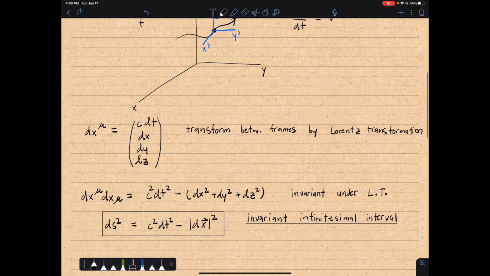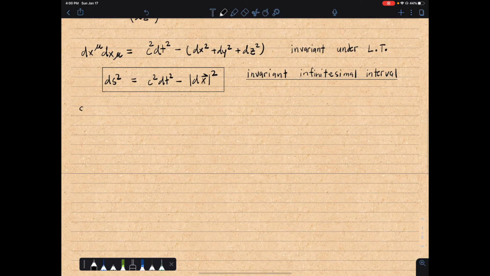Because S prime is defined as the rest frame of the particle, the particle will always be fixed at the origin of this frame, which means that dx prime computed in this frame will always be 0.